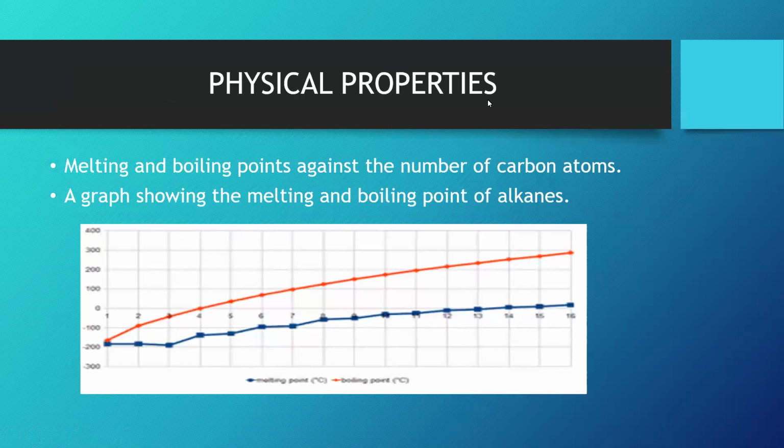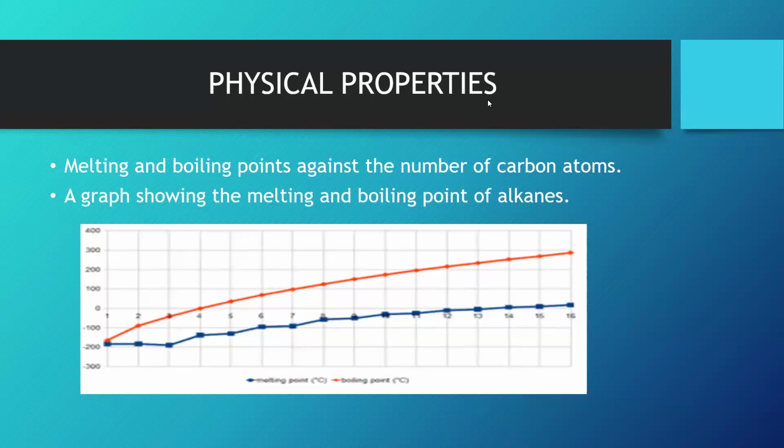So we said two of the physical properties that we have with alkanes are the melting point and the boiling point. Like I said last time, you notice that as the number of carbon atoms increases, the boiling and melting points get higher.